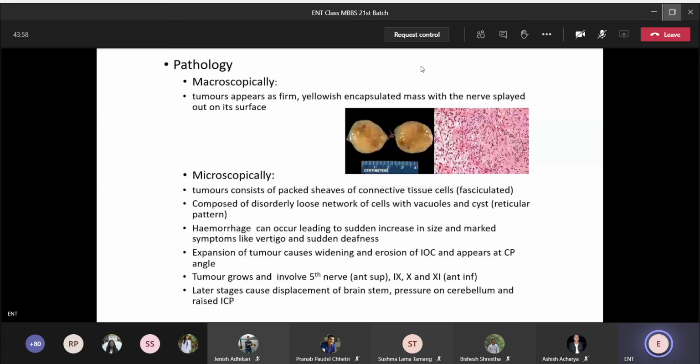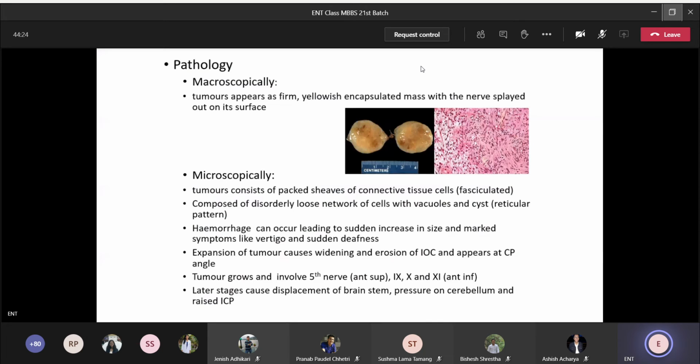But if you look with a microscope, you see packed sheaves of connective tissue cells, composed of a disorderly, loose network of cells with vacuoles and cysts. Hemorrhage can occur, and this can lead to a sudden increase in size, with marked symptoms like vertigo and sudden deafness.